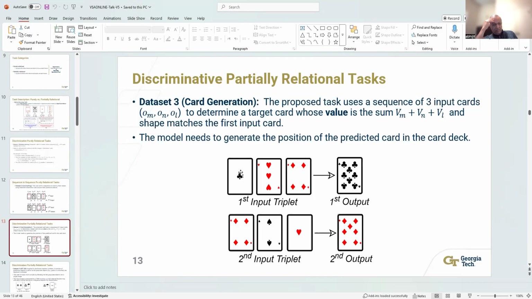For example, here we have 1, 3, and 4. If we add them up, we get 8. Sorry, 4 plus 3 plus 1 is 8. So the output card should have value 8, and the shape should match the shape of the first card.